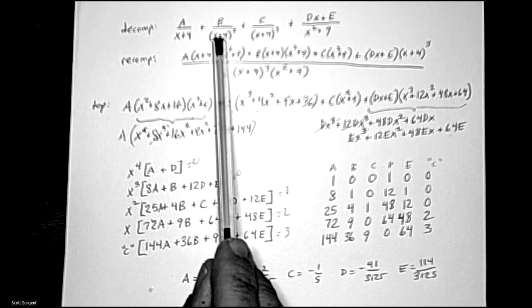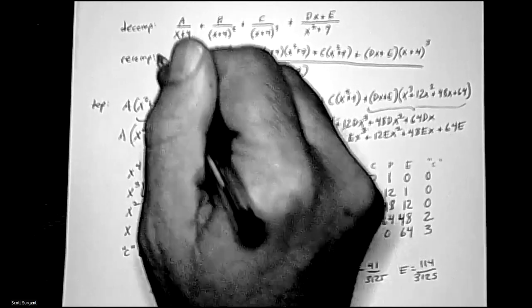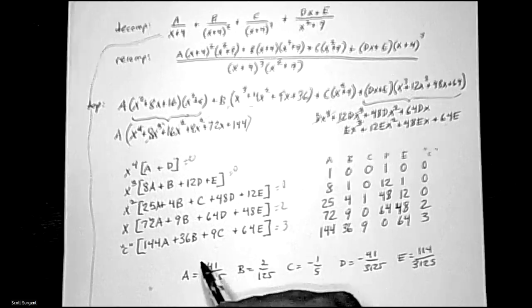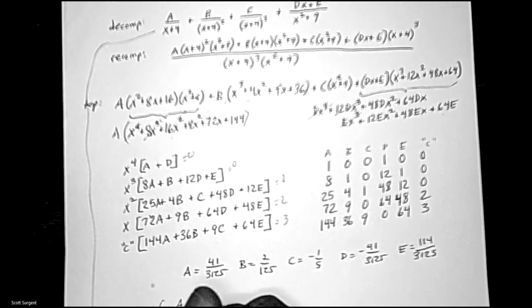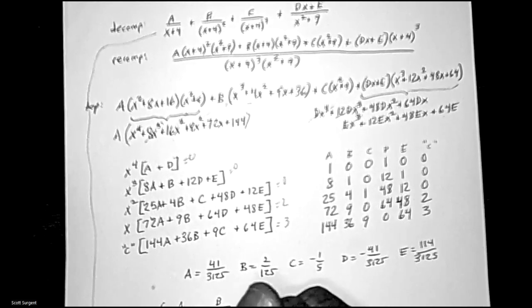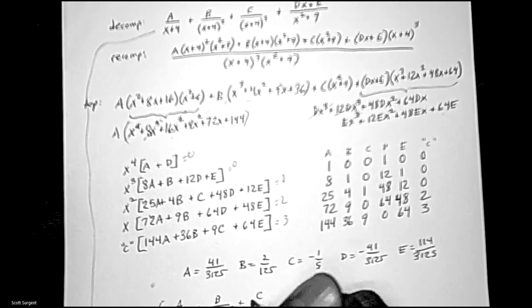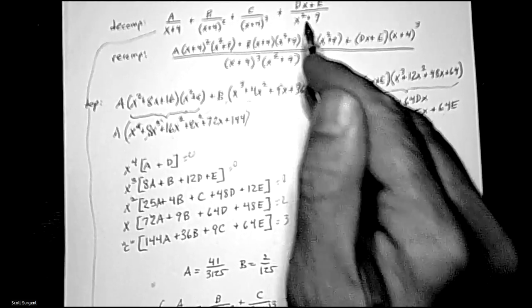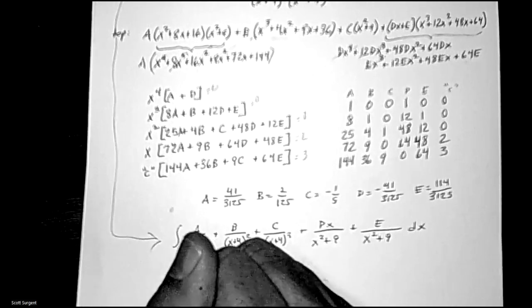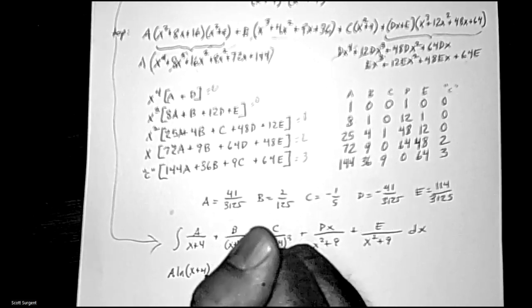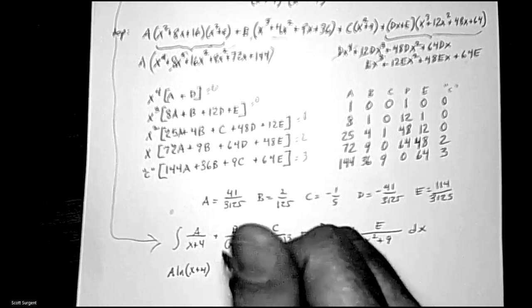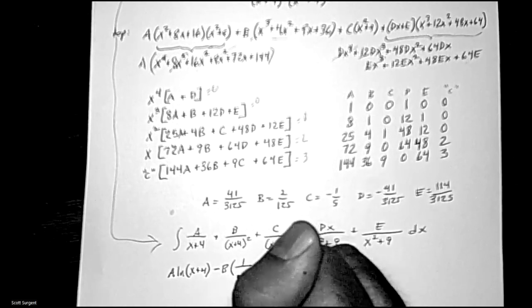This is going to be a power rule. So let's go ahead and do it. If I were to do the integration, let me copy this, and I'm going to split this one into 2. This just becomes A times ln of x plus 4. This will be a power rule. It's going to be negative B over x plus 4.